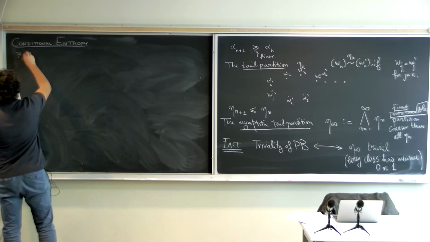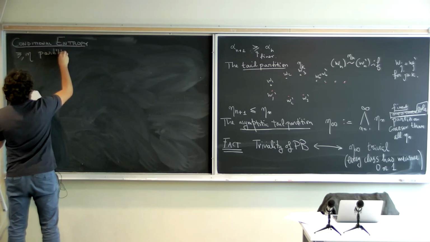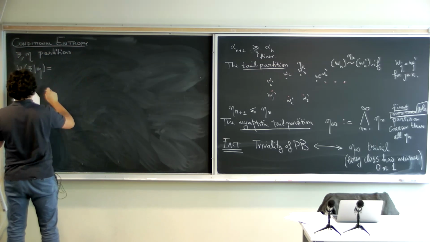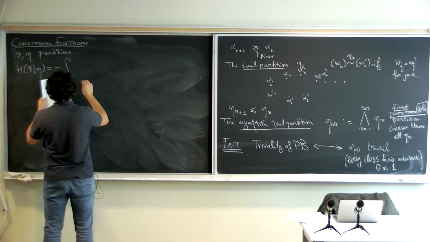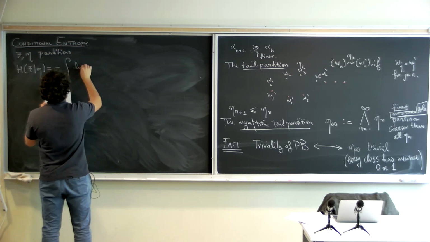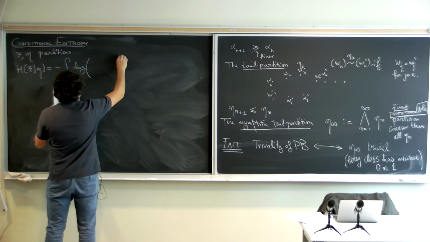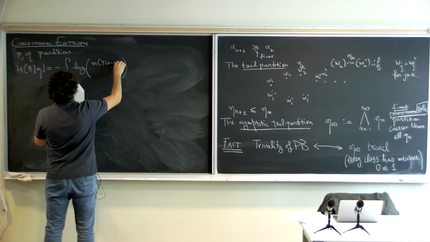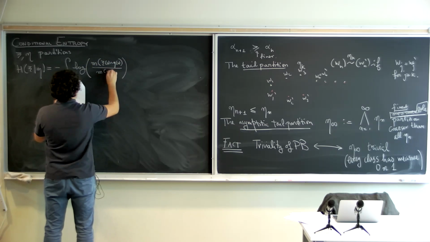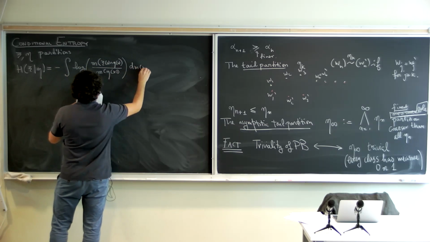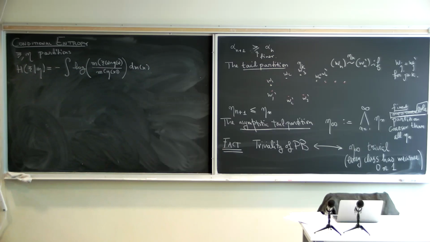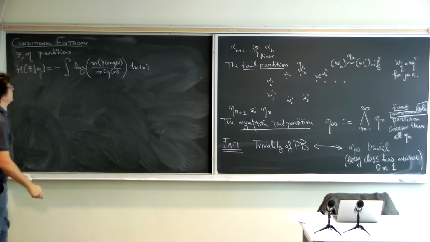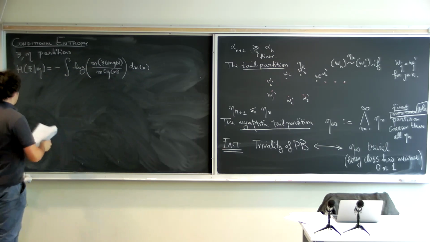If you're given psi and eta partitions, we define the relative entropy as minus the integral of log of the conditional measure, the measure of psi of x intersect eta of x divided by measure of eta of x, dmu of x. So again, eta of x is the partition element that contains x. So this is the conditional measure.